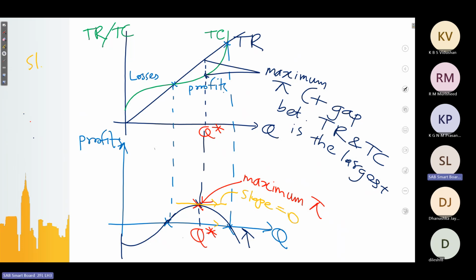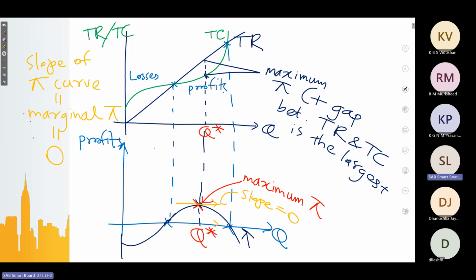The slope of the profit curve is zero at the profit maximizing output level. The slope of the profit curve is nothing else but what we can call marginal profit. So at the profit maximizing output level, marginal profit is 0.